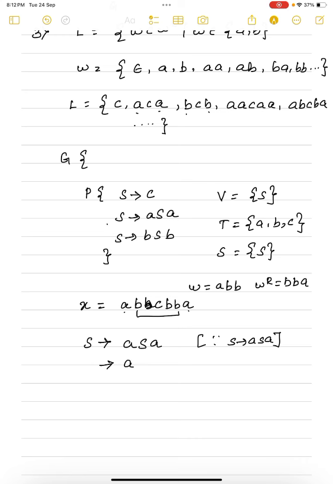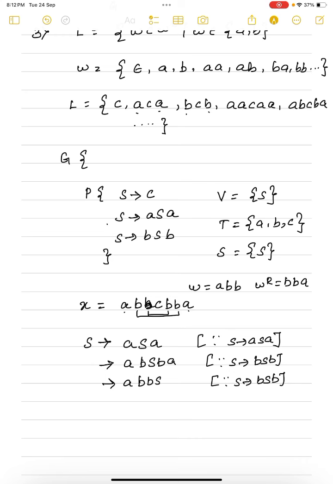So let me use for this S the third production, S goes to bSb. Now what else do I want? I want b and b. So again for this S, I can derive bSb.